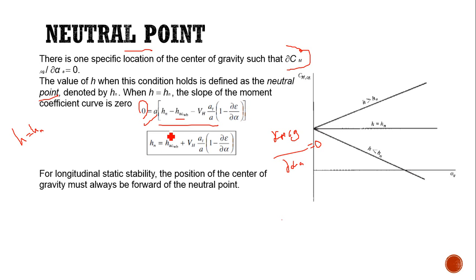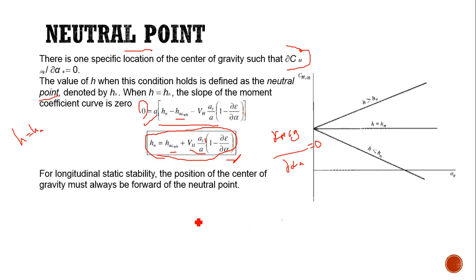So from that, hn equals h_ACWB plus VH into aT by a times (1 minus ∂ε by ∂α). So this is the equation for the neutral point. Suppose they ask us to find the location of the neutral point, it means you need to use this equation to find the neutral point of the airplane.